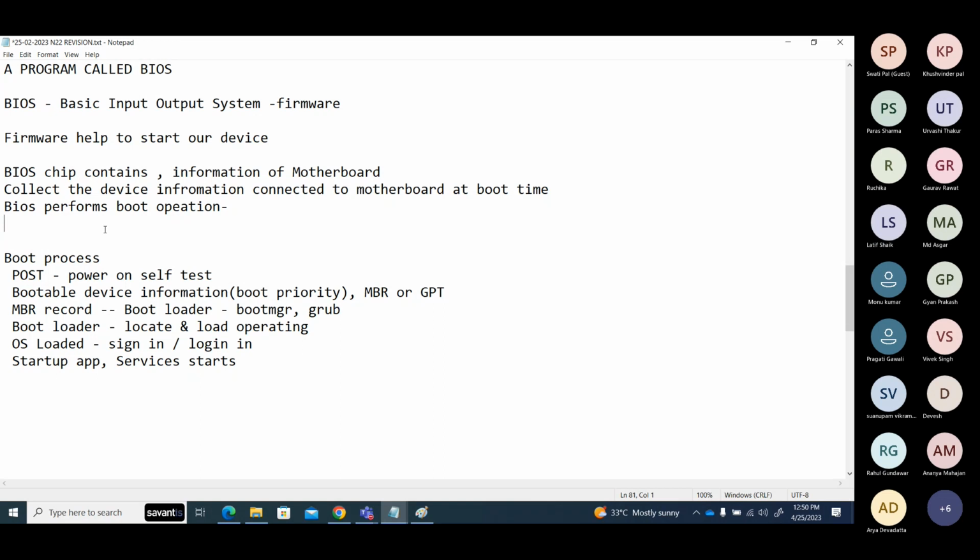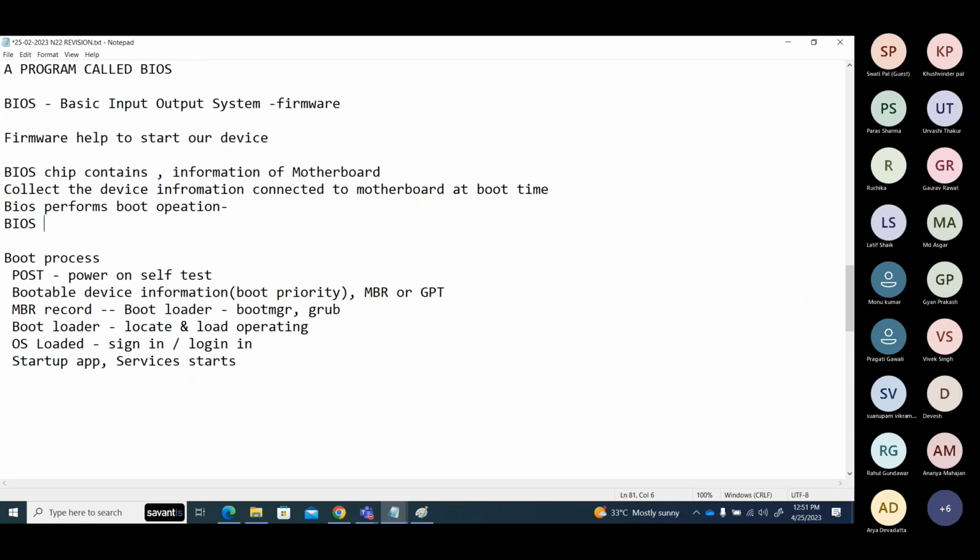Okay, awesome. Information of motherboard, and collecting device information means, guys, any device like a new hard disk is installed, or maybe a hard disk is there, it collects that information. BIOS collects the information.